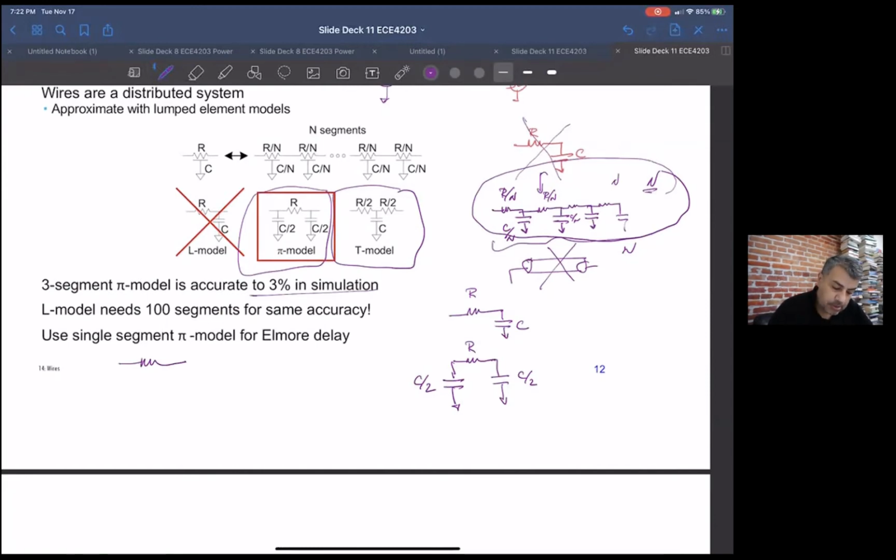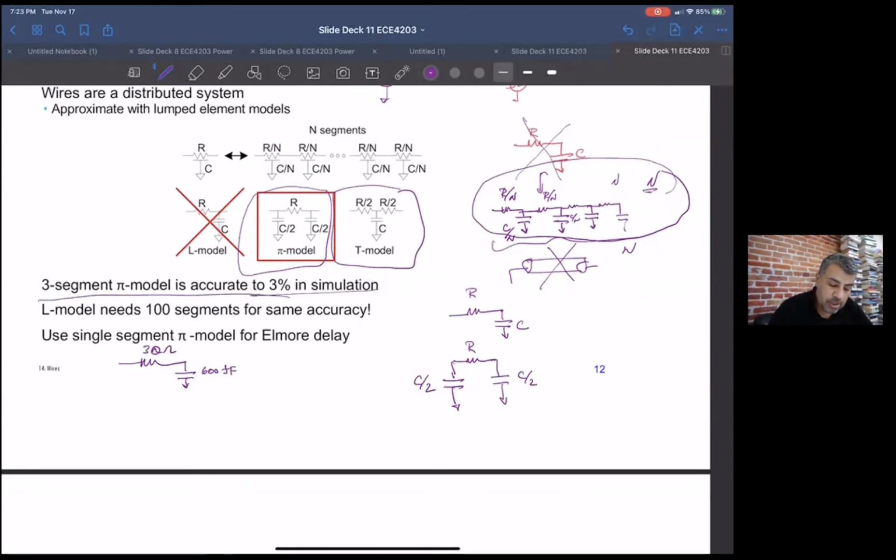Actually, it's probably more like 3 ohms, and a capacitance of, I'm trying to think of something that adds up. Let's call it 30 ohms, doesn't matter, and 600 femtofarad capacitance. So I want to do a 3-segment pi model of this.